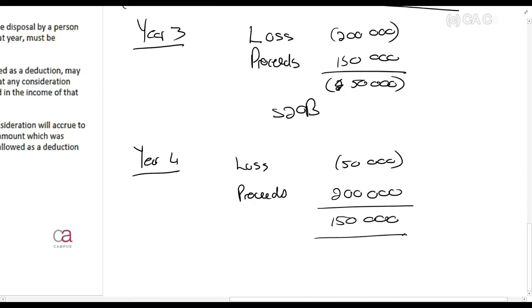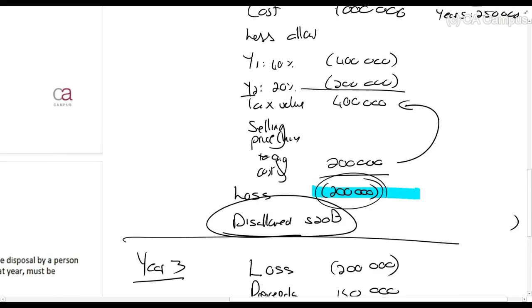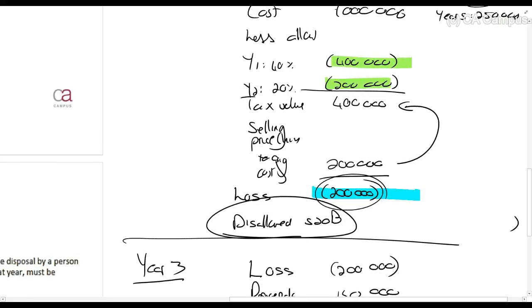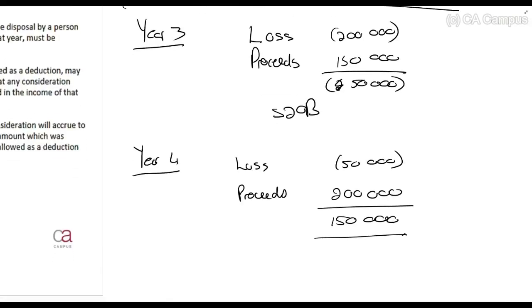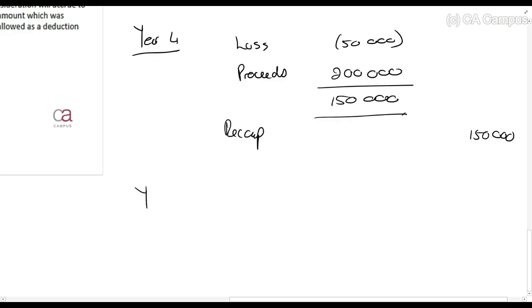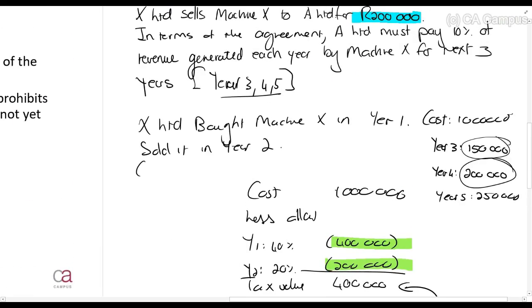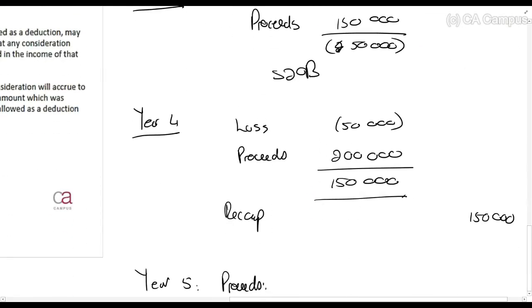And what is that 150,000 rands? It should be a recoupment, because remember we had 600,000 rands in allowances that we've already claimed. So year 4 is now a recoupment of 150,000. Then in year 5, what is the extra amount we receive? We receive an extra 250,000.